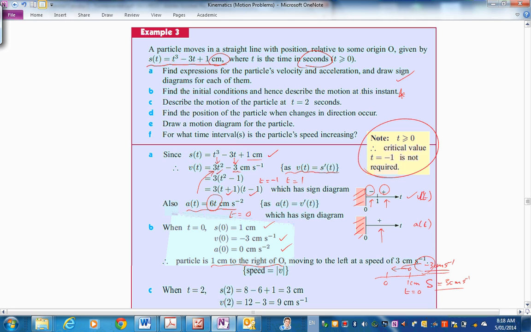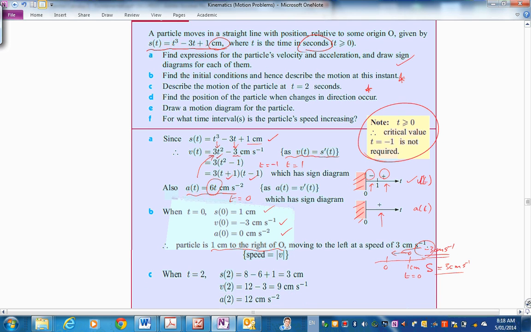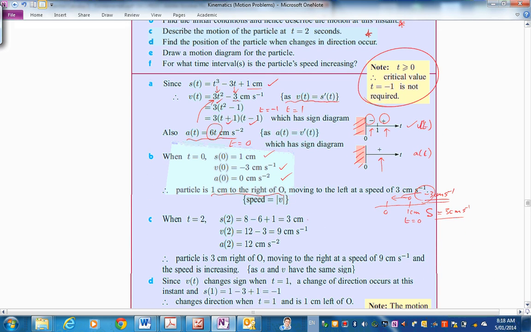Okay, describe the motion of the particle at t equals 2. So let's put t as 2 in. Displacement, velocity and acceleration. So the particle is where? Let's have a look. There at 2. So at 2 it's 3 centimetres to the right. And what else have we got?